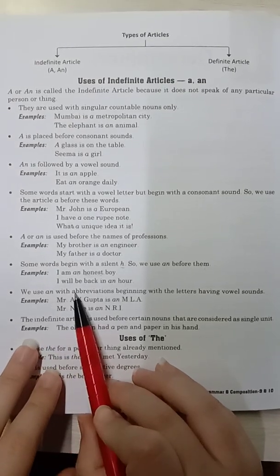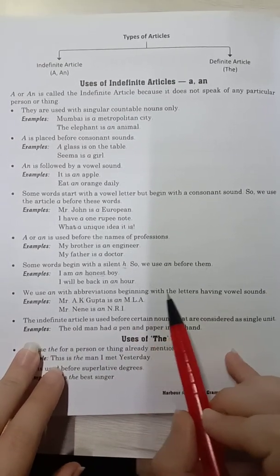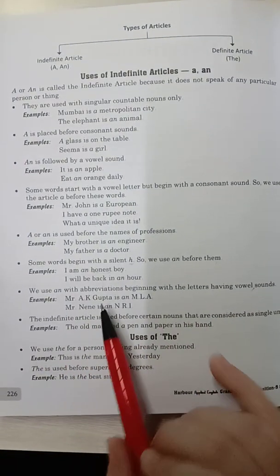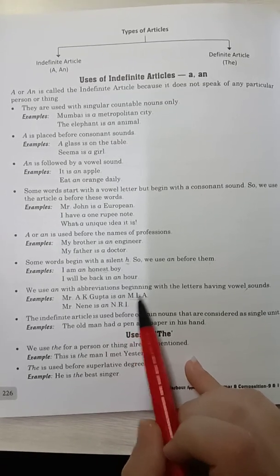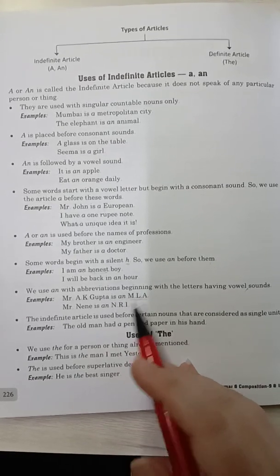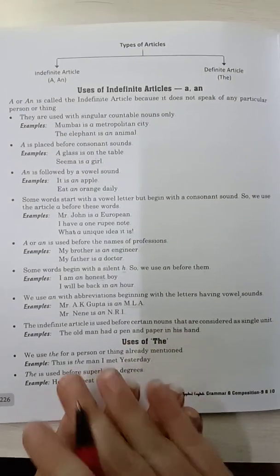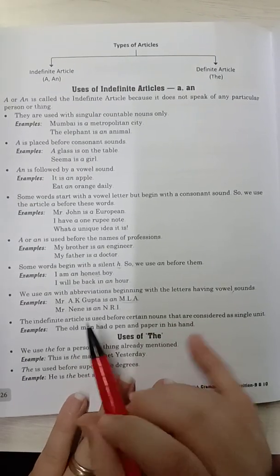We use an with abbreviations beginning with letters having vowel sounds. These are called abbreviations, MLA, NRI. These are the abbreviations, meaning short forms. So we use a or an again, keeping in mind the consonant and vowel sound.